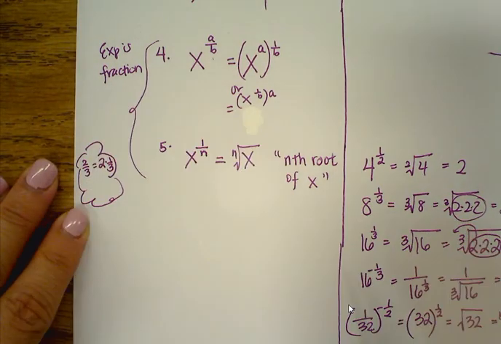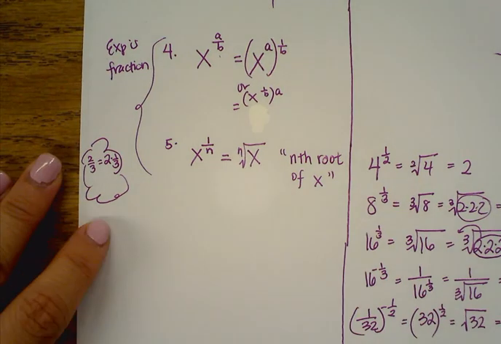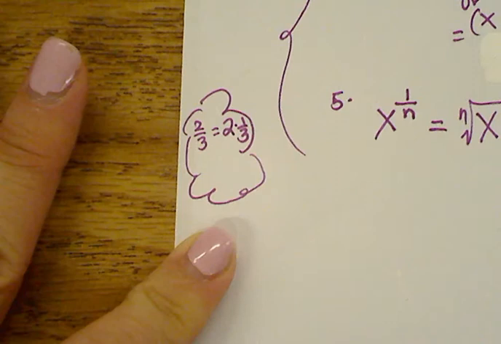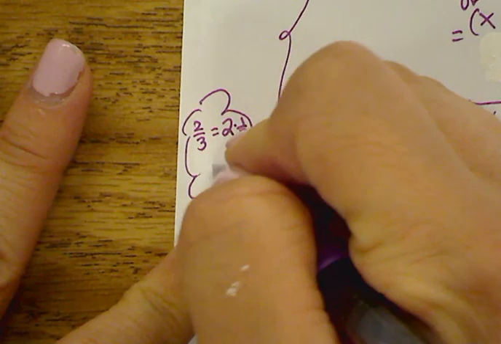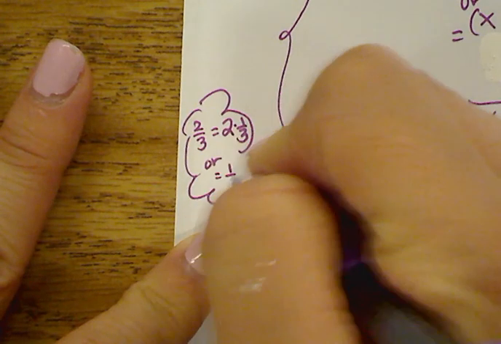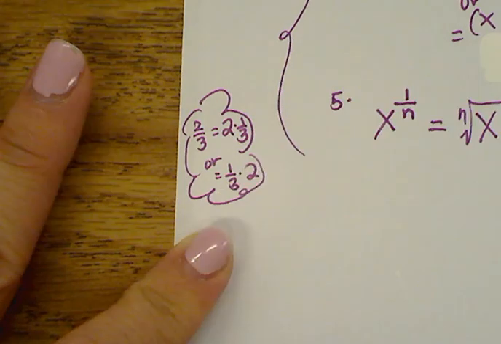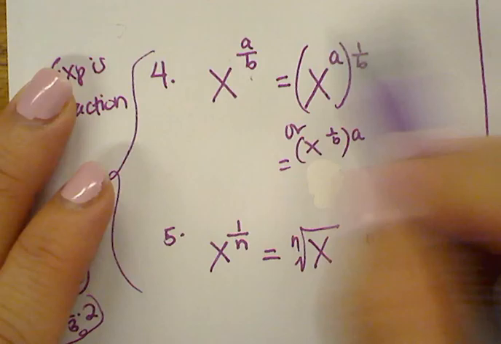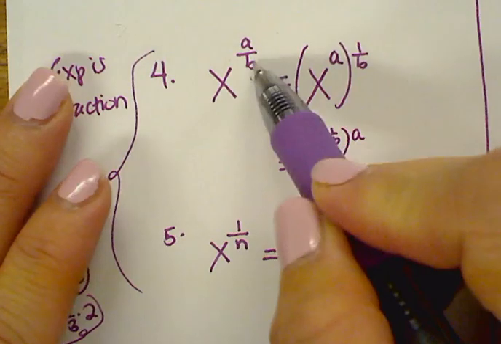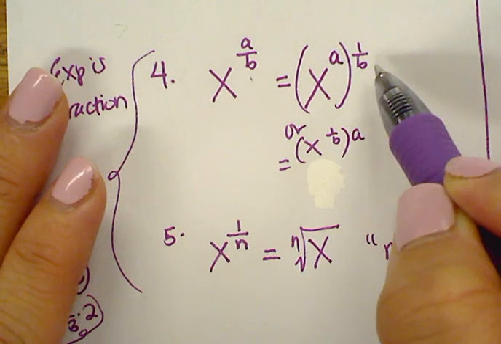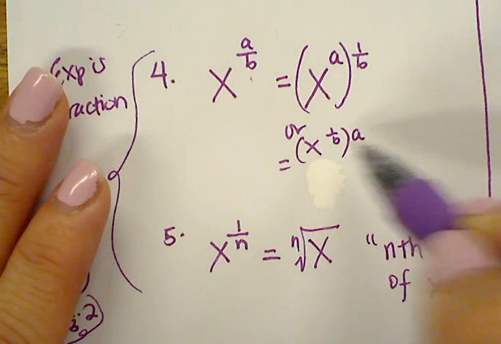Or you can say it's also 1/3 of 2. We're doing the same thing here. So a over b is really a times 1 over b, or 1 over b times a. You agree?